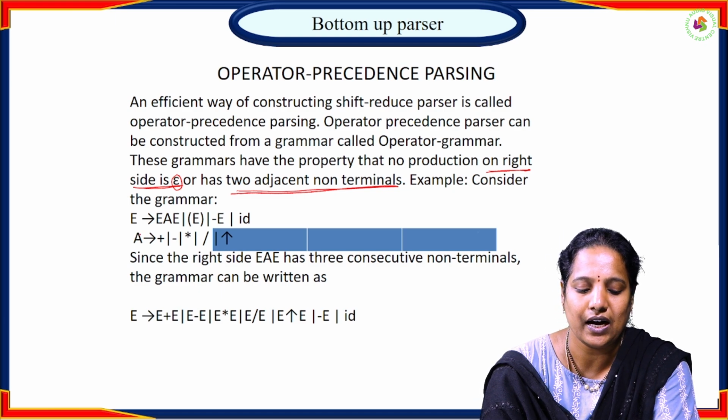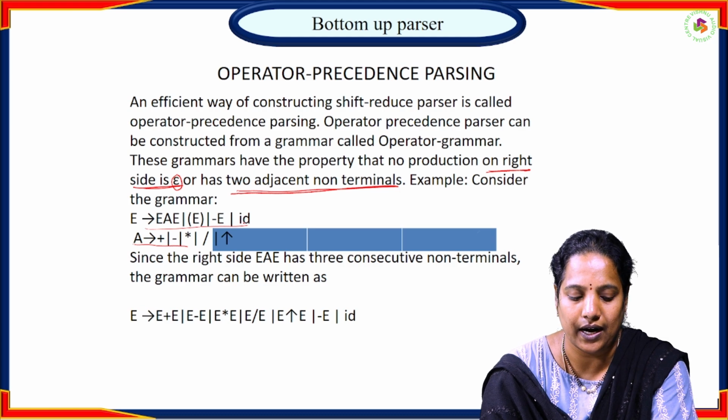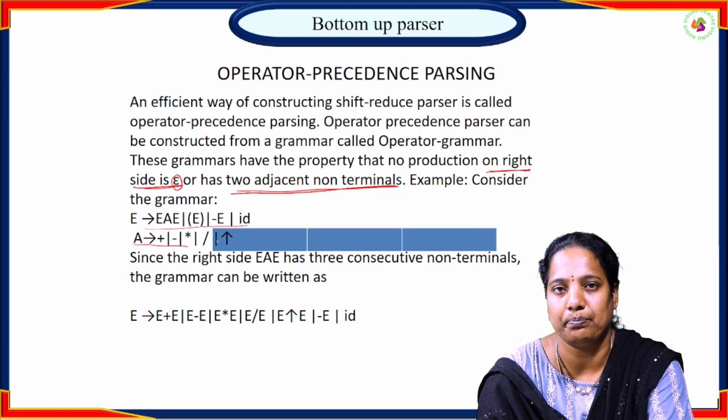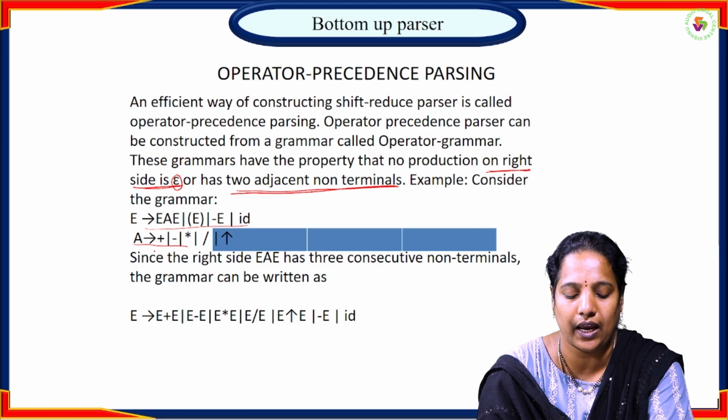For example, take these two productions: E tends to E A E, or (E), or minus E, or id. And A tends to plus, or minus, or star, division, power.